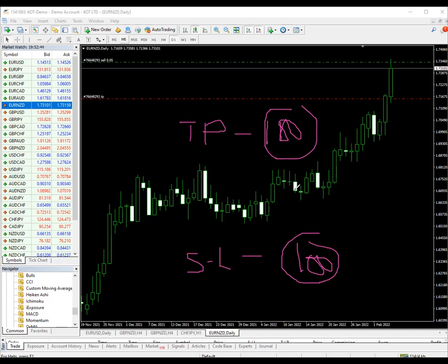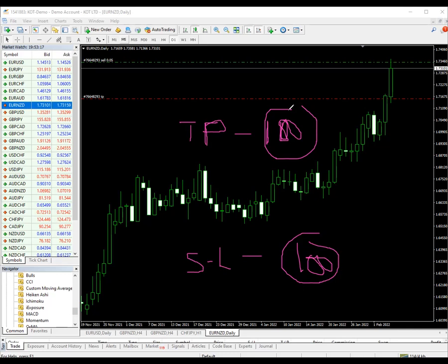Even if you don't mind, you can keep it on demo for 5 or 6 months. After that, you will come to understand how the signals are, and you will be able to study them well and decide how to use them on your live account. For now, I advise that you put this on demo so that you can actually study the signals to see how best they perform before you put them on your live account.